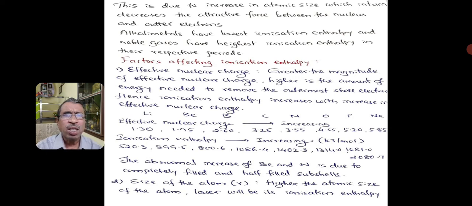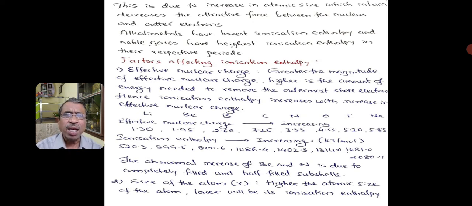In this case, beryllium and nitrogen have abnormal increase of the ionization enthalpy. It is due to the completely filled and half filled subshells, which are more stable. In such cases, more energy is required.